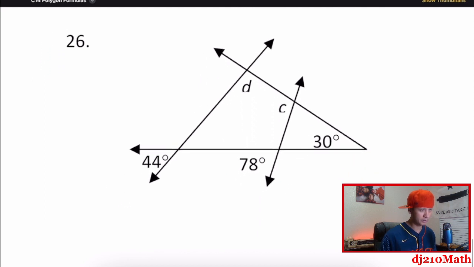All right, 26 is interesting. So to figure out 26, a couple of ideas. Some geometrical facts: vertical angles are congruent, so angles that are across from each other. And a triangle must equal 180.